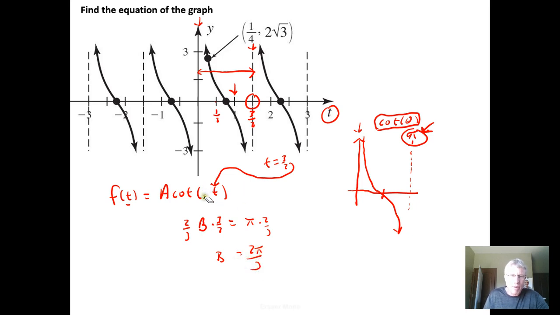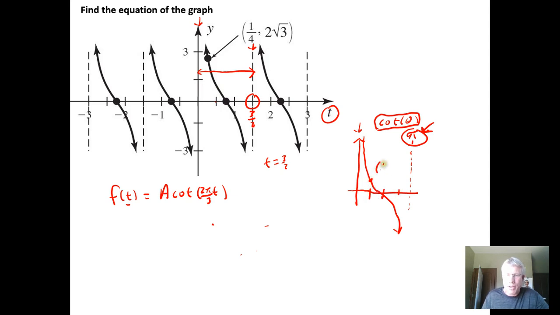And I can come up to my function and update b with 2 times pi divided by 3. And then we just need to figure out what our value for a is. And in this case we're going to have to do a little more work, because between here and here, if tick marks are evenly spaced, the first tick mark would correspond to a nice point on the cotangent function, so at pi over 4 the cotangent function generates a 1.